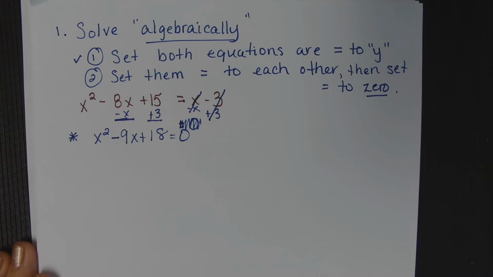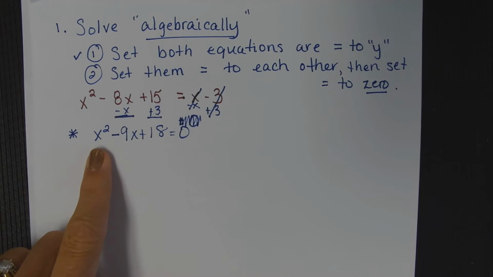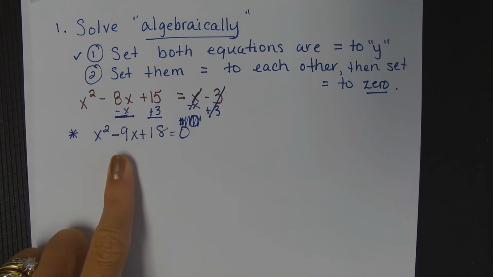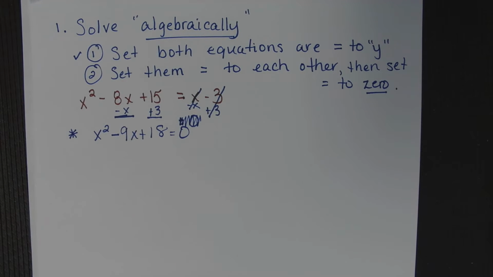We're solving for what variable here? X. What kind of equation is this? Quadratic? Trinomial. We want to solve for x. What do we do? Starts with an F. Factor.